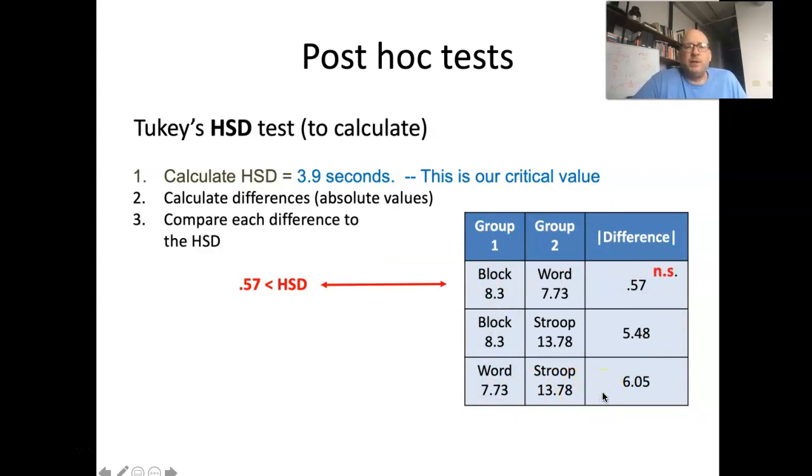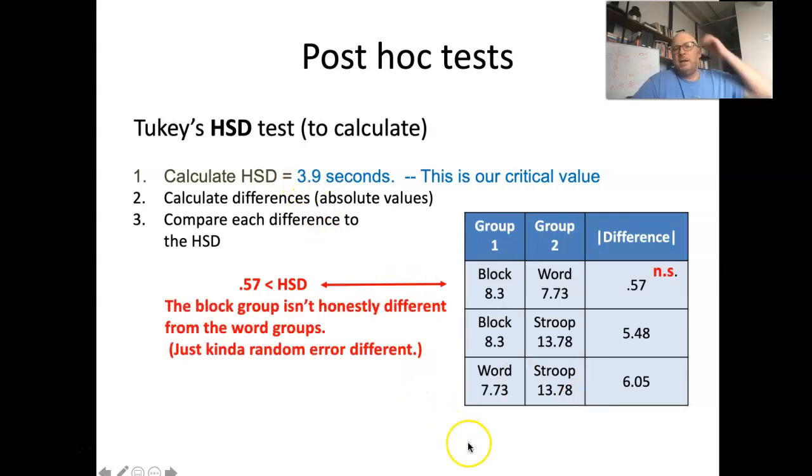So now what I'm going to do is use my critical value of 3.9 seconds. And what that tells me is that the blocks and the words aren't really honestly significantly different from each other. That's probably just some random error and individual differences and things like that. So 0.5 seconds is not significant.